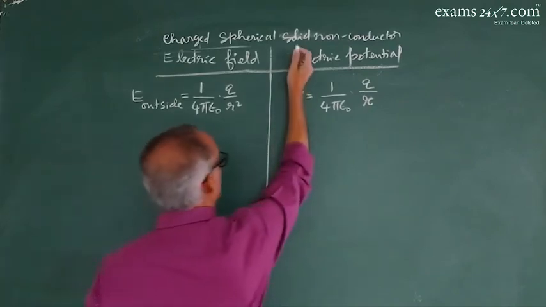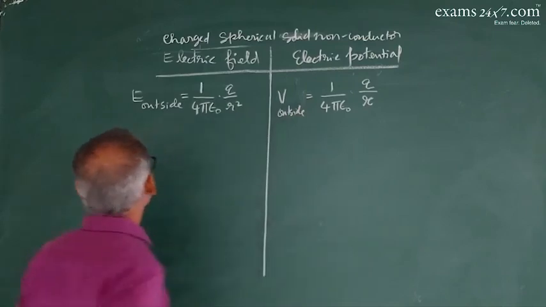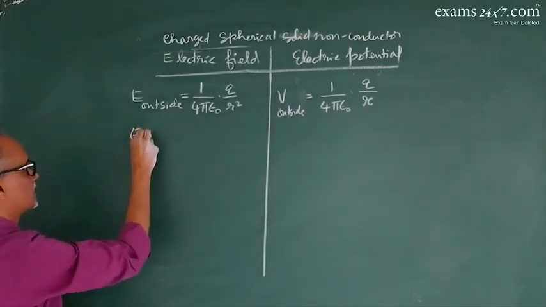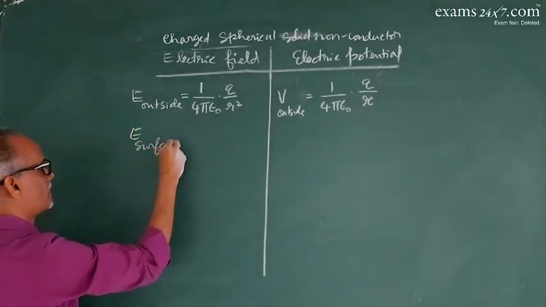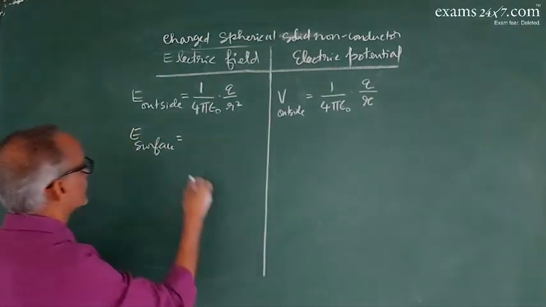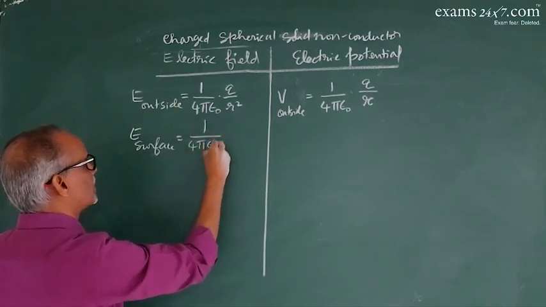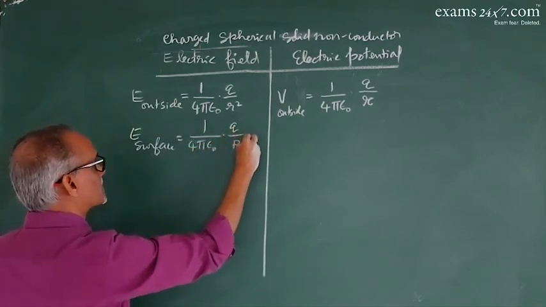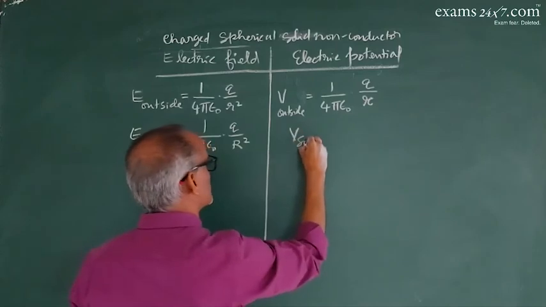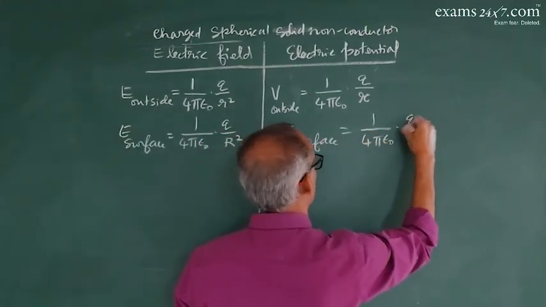That's V outside. And electric field on the surface is same as in the previous case, which is 1 by 4 pi epsilon naught q by capital R square. Potential on the surface, again no change, 1 by 4 pi epsilon naught q by R.